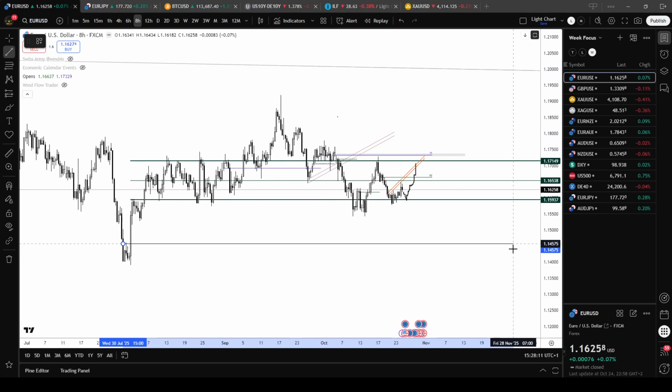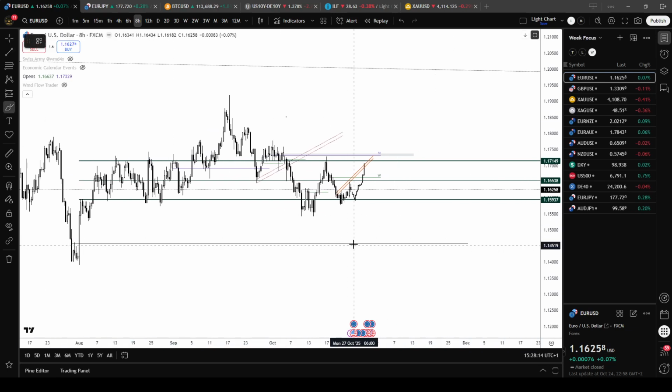This is my main area of interest to build longs on Euro USD from a swing perspective.